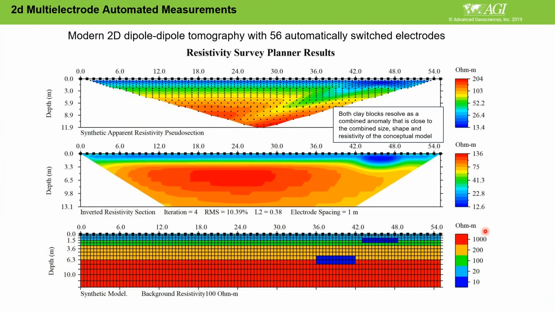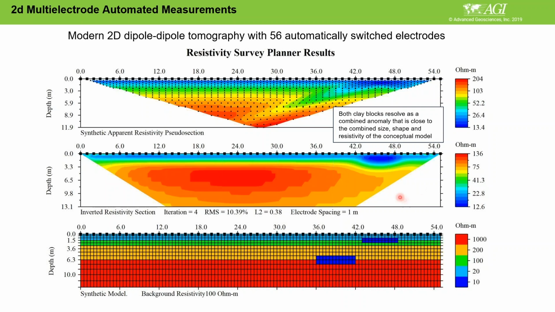So here's an example of a 2D 56-electrode modeling. You can also do that before going to the field. You simply model your underground like this, and this model comes from Erdemir. If you are looking for, for example, conductive zone lenses, you can just model it and see what the response will be.